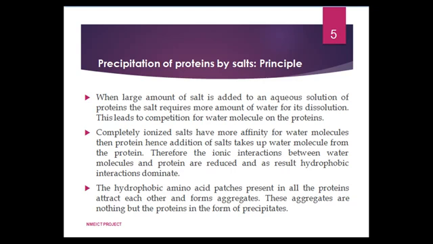Therefore, the ionic interactions between water molecules and proteins are reduced. And as a result of this, hydrophobic interactions dominate. The hydrophobic amino acid patches present in all the proteins attract each other and form aggregates. These aggregates are nothing but the proteins in the form of precipitates.